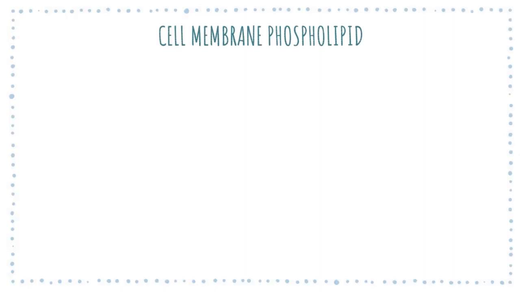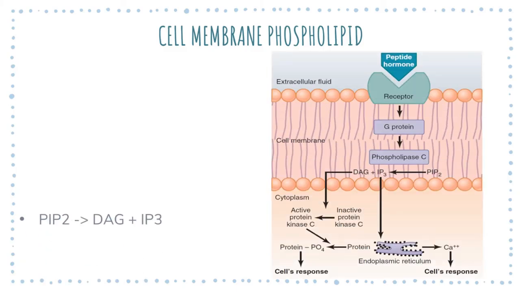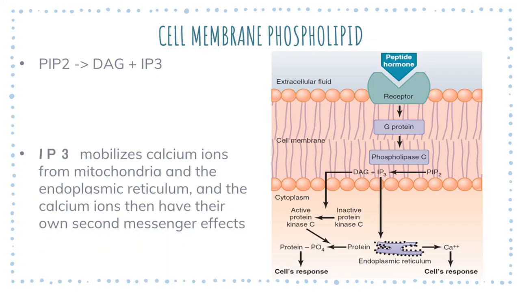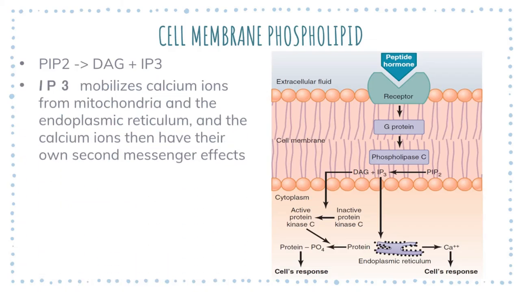Cell membrane phospholipid. PIP2 is dissociated to DAG and IP3. IP3 mobilizes calcium ions from the mitochondria and the endoplasmic reticulum.